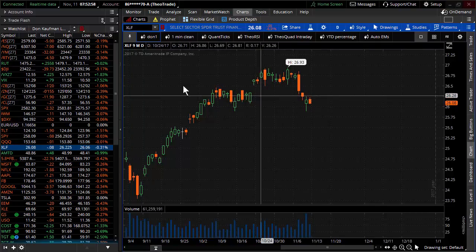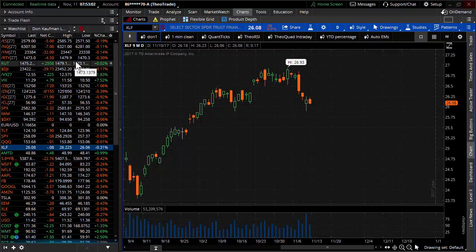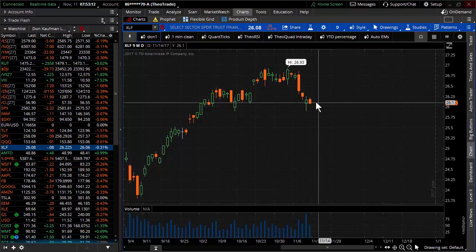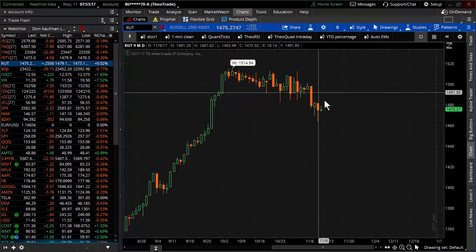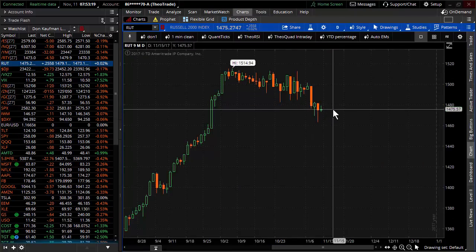Clearly, the financials have a large impact as well on the Russell product, okay? Because the Russell and the small caps, there are a ton of financials. In fact, financials are the heaviest weighting into the small caps. So seeing the financials down should explain a lot about what damage has been done inside, ultimately, of the Russell.